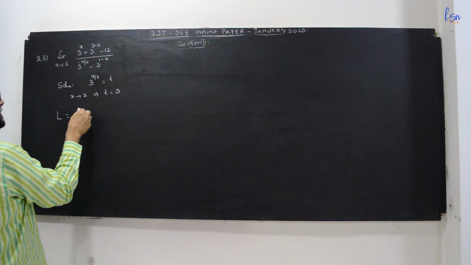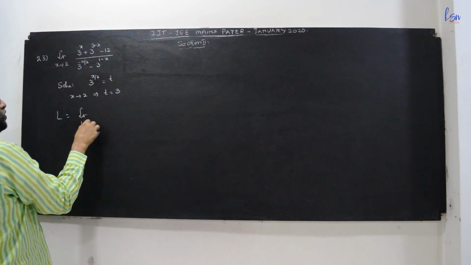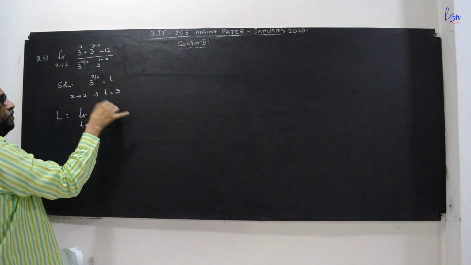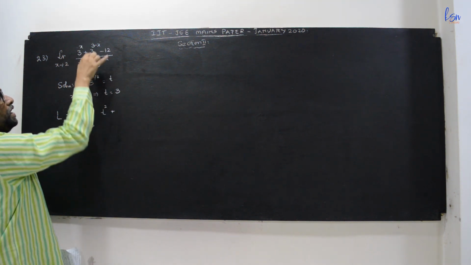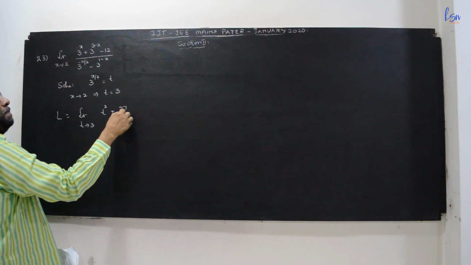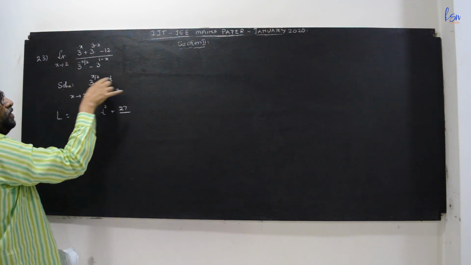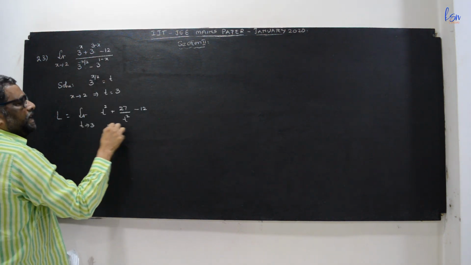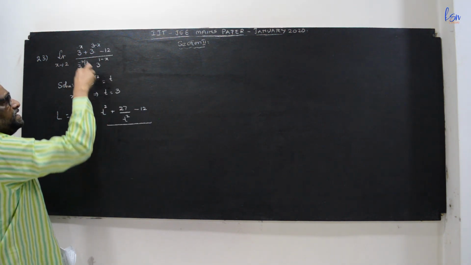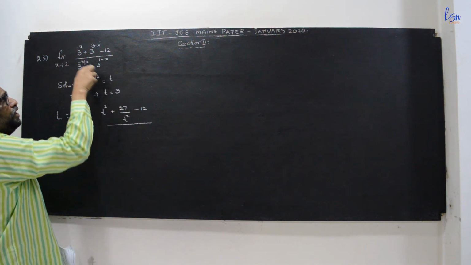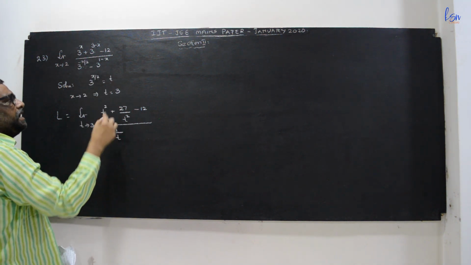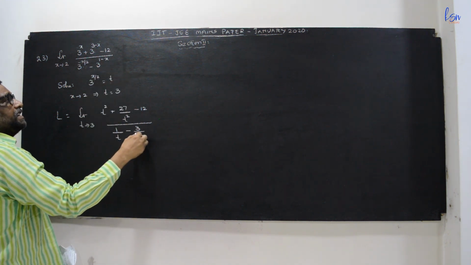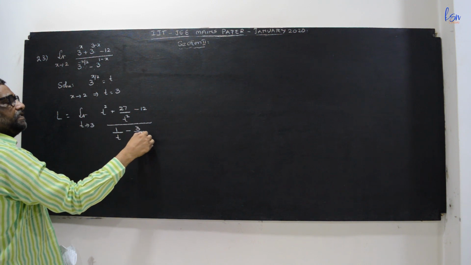So the limit is equal to the limit as t tends to 3. 3^x is t², plus 3^(3-x), which is 27 by 3^x, is 27 by t², minus 12, over 3^(-x/2), which is t^(-1), that is 1 by t, minus 3 by 3^x, which is t².